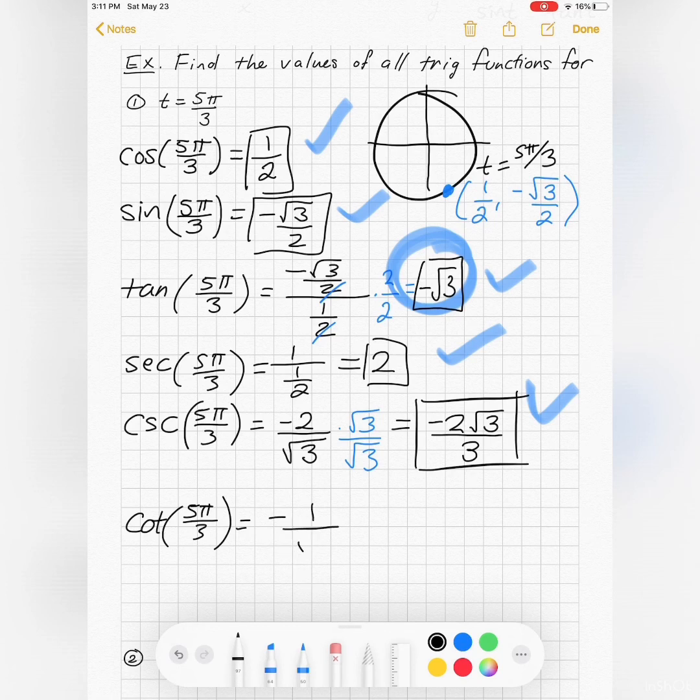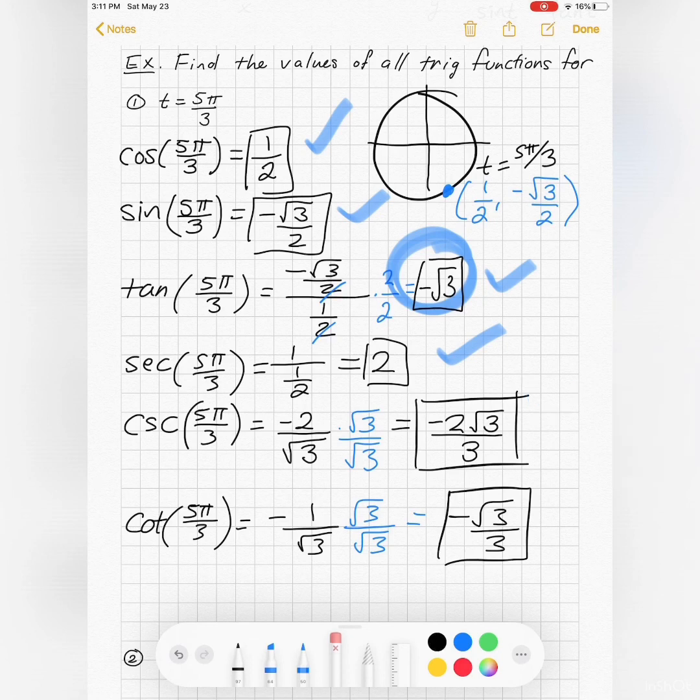So I'm going to have 1 over root 3. Going to rationalize. And now I have all 6 trig functions for t equals 5 pi thirds. That wasn't too bad.